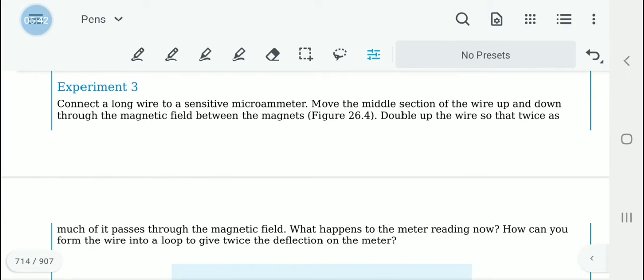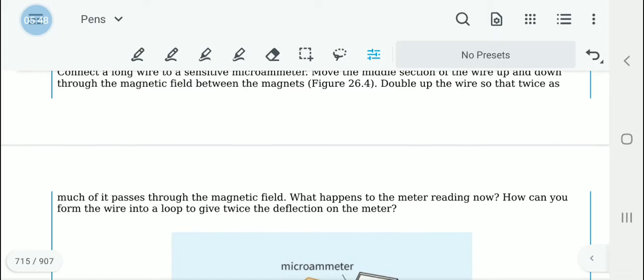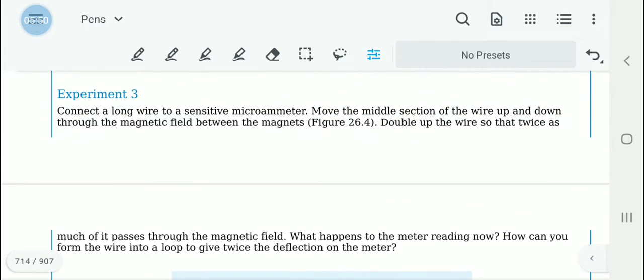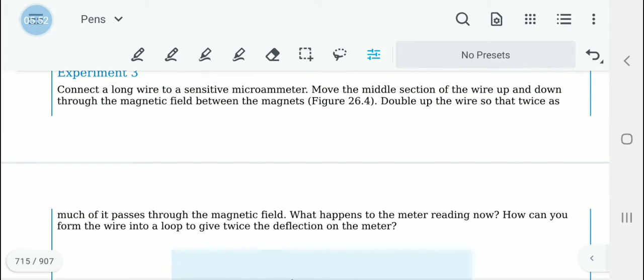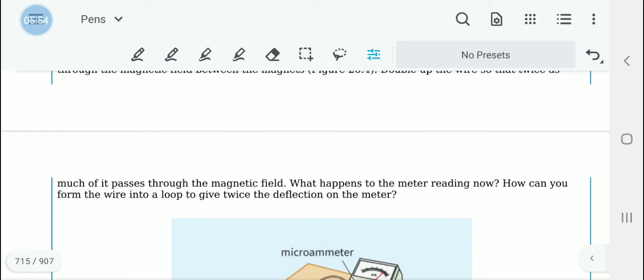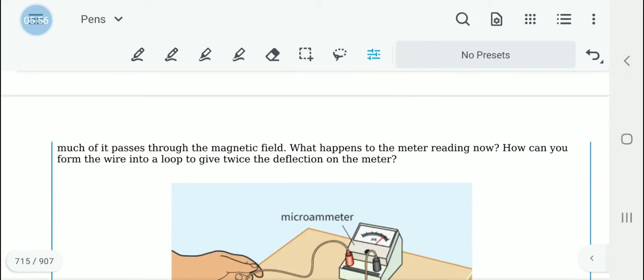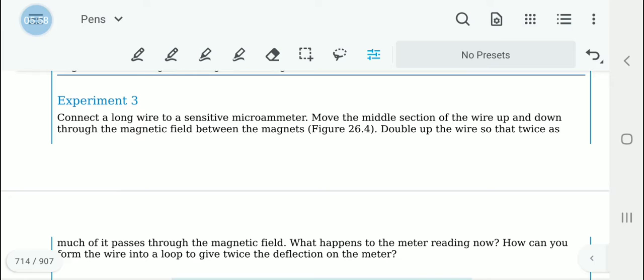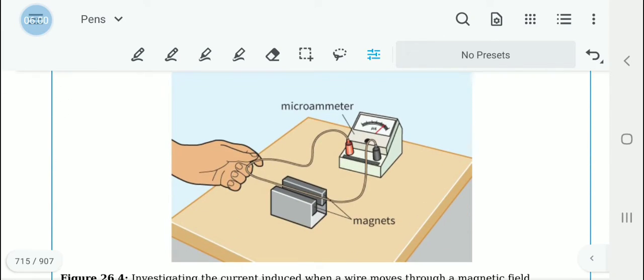Then the third one: you connect a long wire to a sensitive microammeter. Then you move the middle section of the wire through a magnetic field between two magnets. You place it across a magnet like this, and then move it up and down.